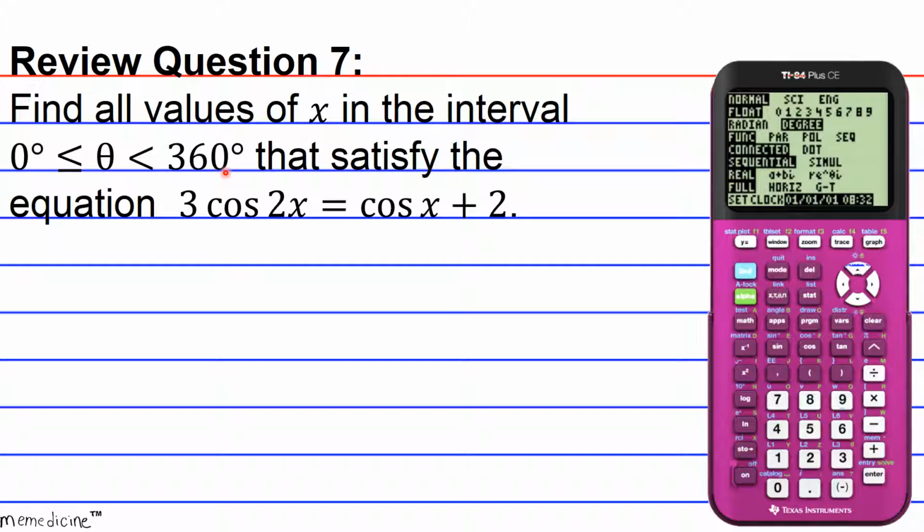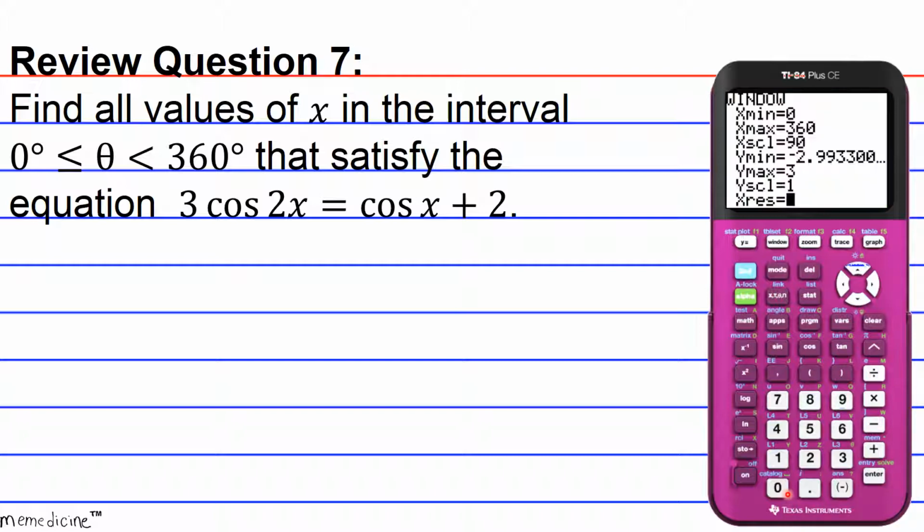So the first thing you're basically going to do is press window. Then you're going to press 0 for x minimum. Press the down arrow once, then type in 360.